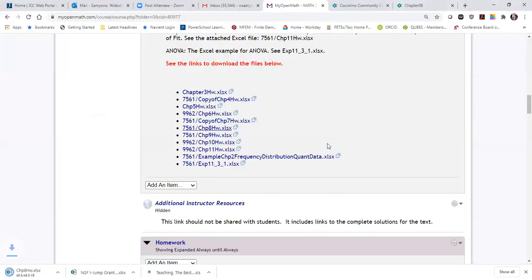Okay. Yeah, you can download it from MyOpenMath. Okay, so also I will share with you in Google Spreadsheet. Okay.